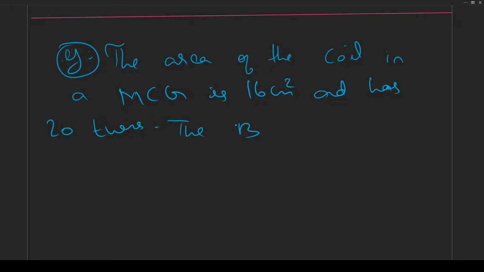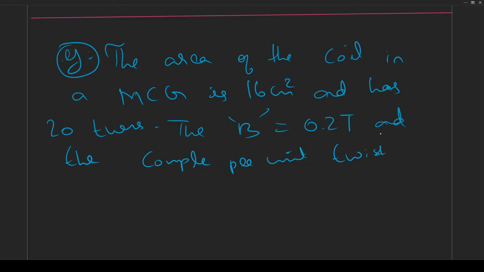B, the magnetic field, is equal to 0.2 Tesla, and the couple per unit twist of the suspended wire is 10 power minus 6 Newton meter per degree.